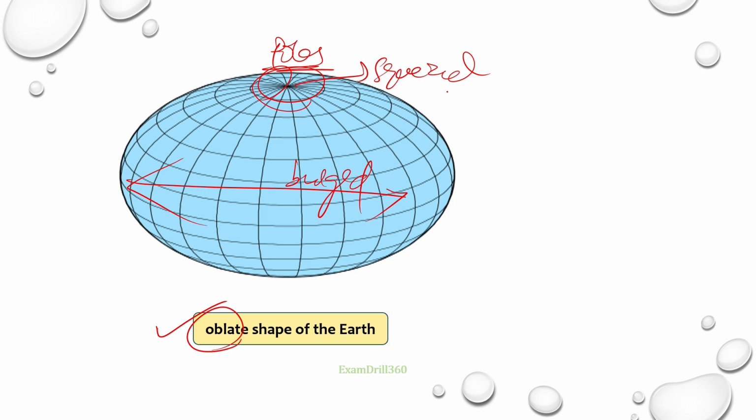And how did this happen? As the Earth spins, this outward force, which force? The centrifugal force, which is greatest at the equator, where the radius of rotation is largest. This causes the planet to bulge out in this particular area. And that's why it's squeezed at the poles.